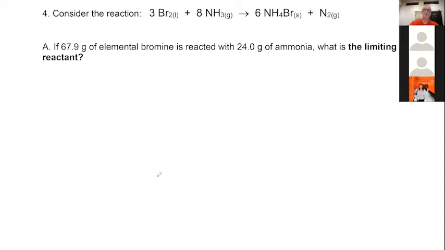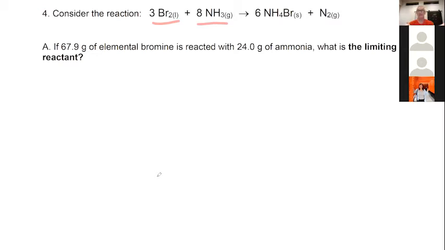When you have a reaction, here I'm reacting bromine, the liquid, with ammonia gas. If I don't have both of them in exactly the right balanced molar ratio amounts in my reaction, one of them is going to run out before the other one.